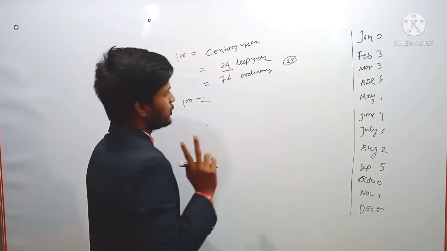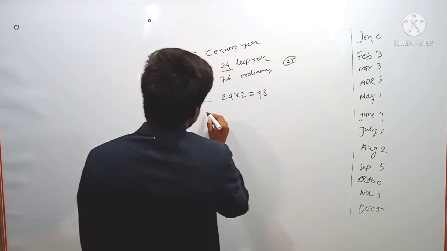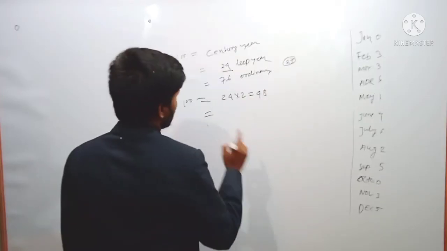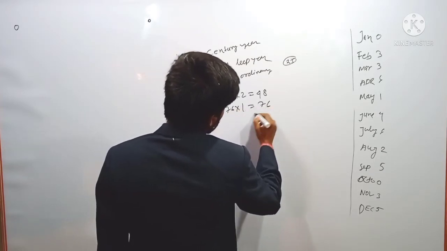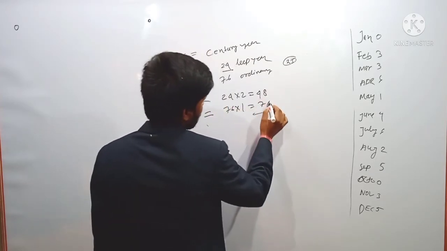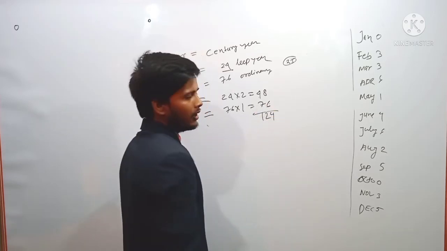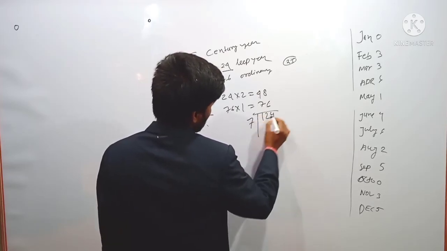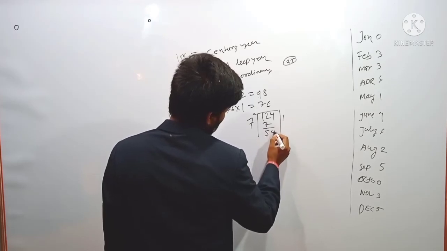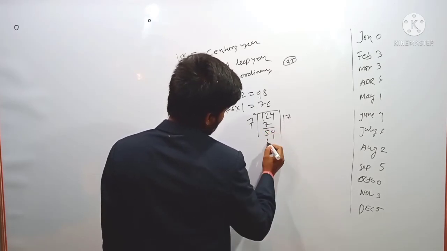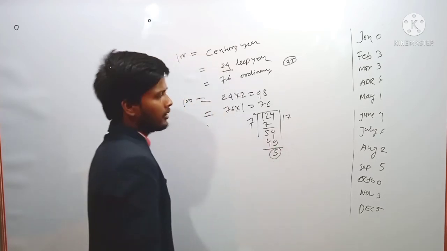In a leap year there are 2 odd days, and in an ordinary year there is 1 odd day, so then we simply add it. 24 leap years give 48 odd days plus 76 ordinary years give 76, so 124 odd days. If we divide it by 7, then 5 remainder.